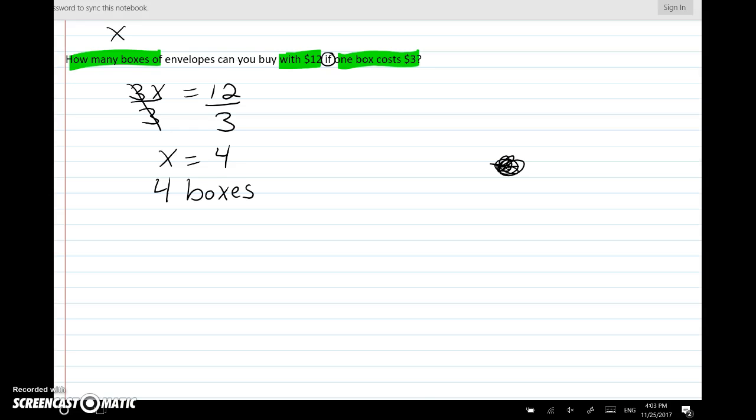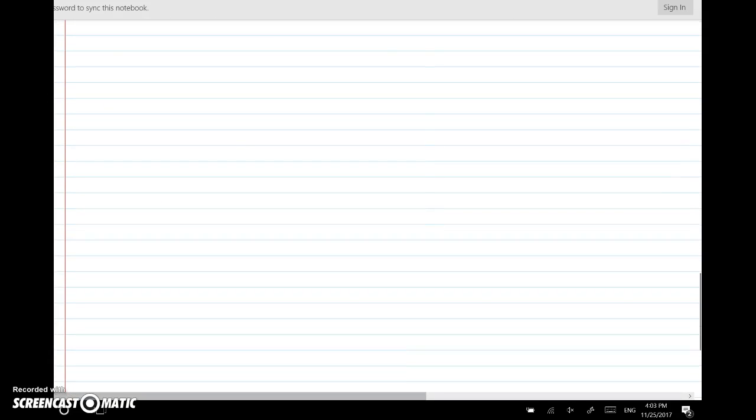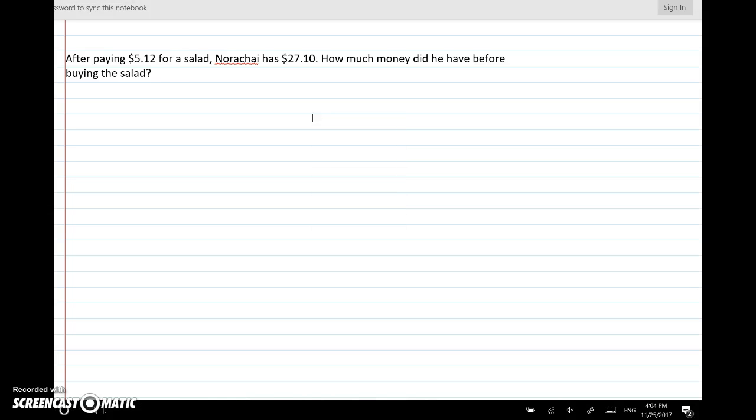Okay, let's try one more. After paying $5.12 for a salad, Norachi has $27.10. How much did he have before he bought the salad? So he had some money.